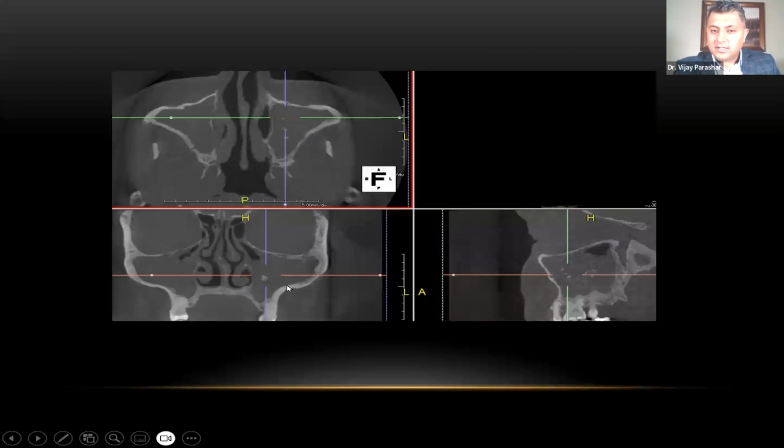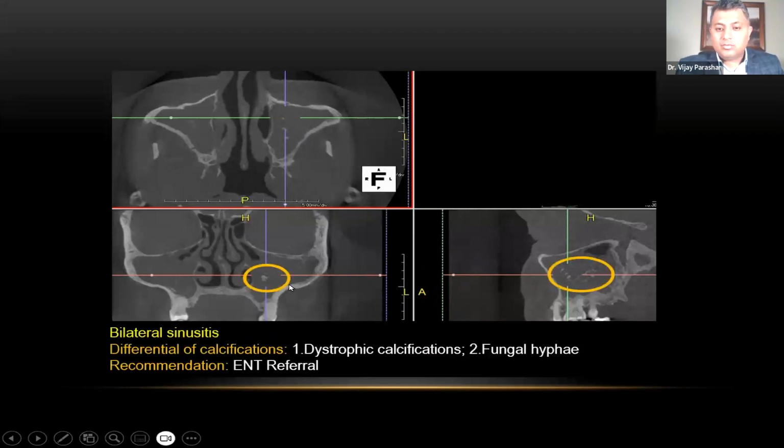More examples, another case, unrelated case. Again, we have sinusitis. In addition, you have calcifications within the sinus. So these, what do they signify? These are dystrophic calcifications, and these could be calcification of fungal hyphae. So if we see calcification in a chronic sinusitis sort of a situation, again, you should refer it to the physician or an ENT, and they need to figure out whether this is fungal sinusitis or not.